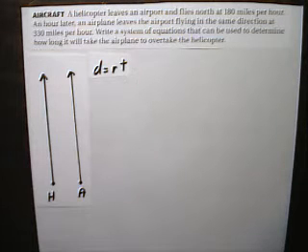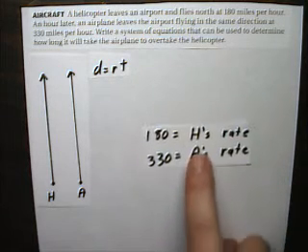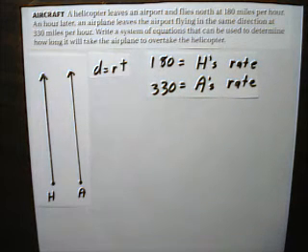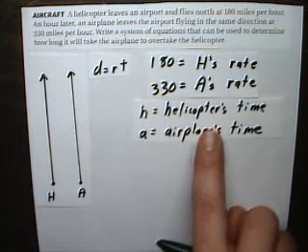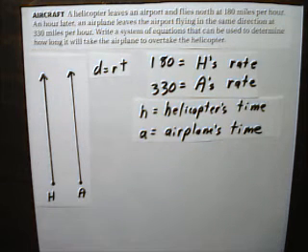I'll start writing some of the information that we know. We know that 180 is equal to the helicopter's rate, and we know 330 is equal to the airplane's rate. The time we don't know exactly, however we do know a little bit about the time. I'll set up some variables to represent what we know about the time.